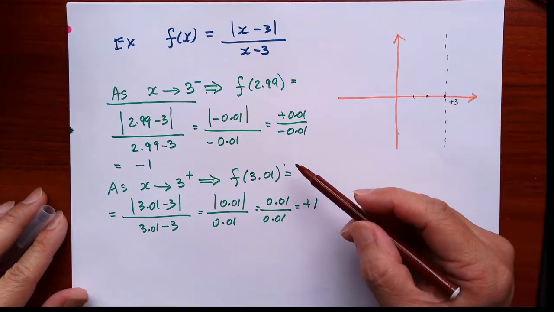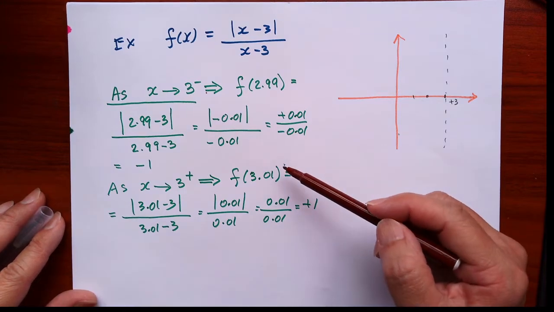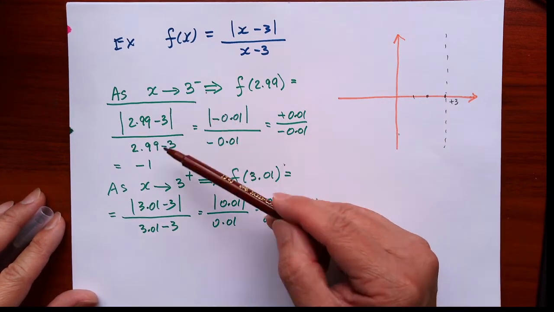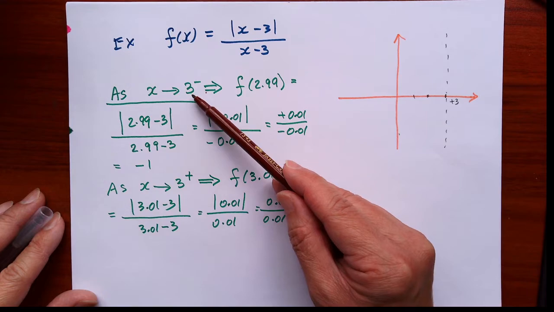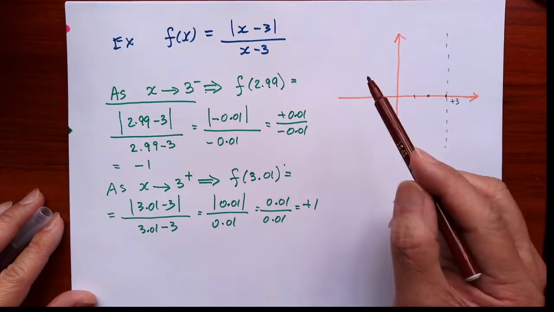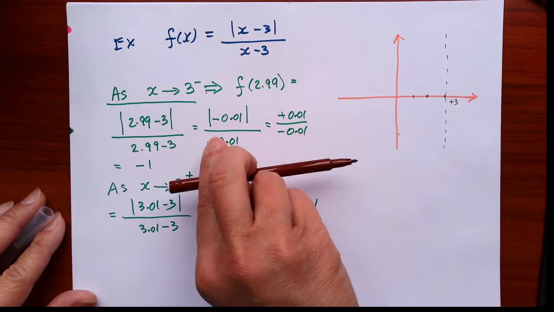When x is approaching 3 from below, that means we're going in this direction.